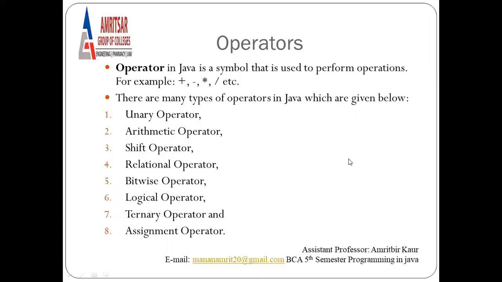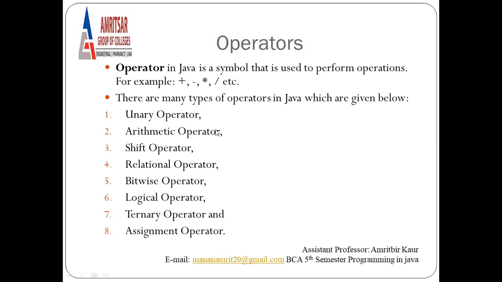The next element we use in our Java program is operators. Basically, an operator in Java is a symbol. We use operators to perform operations on our operands. There are many types of operators in Java, like unary operator, arithmetic operator, shift operator, relational operator, bitwise operator, logical operator, ternary operator, and assignment operator.